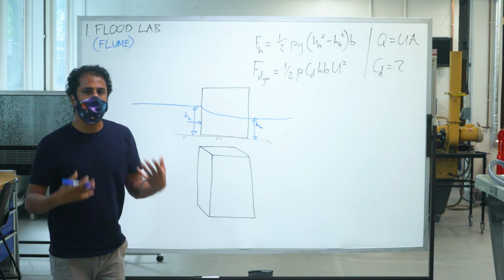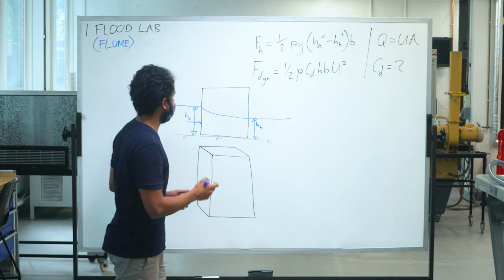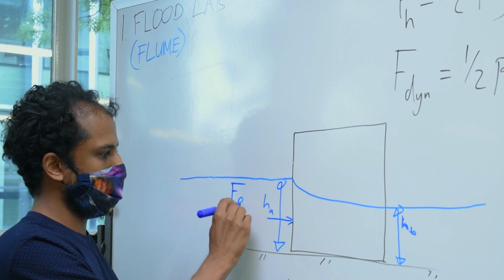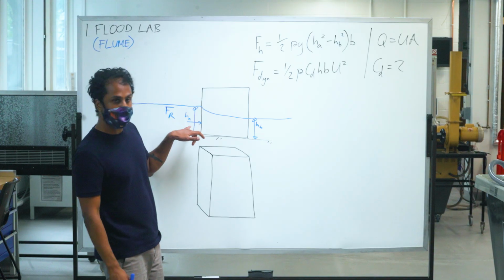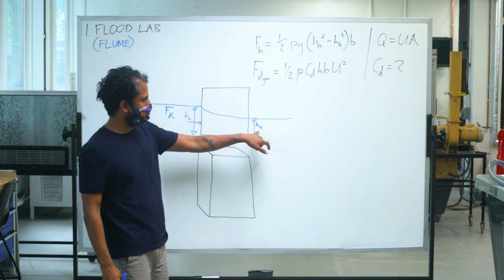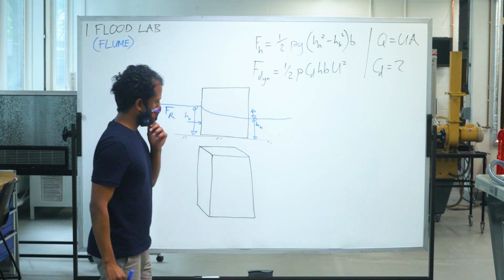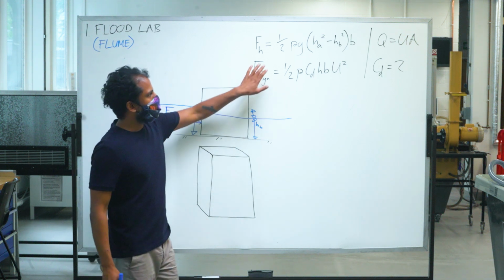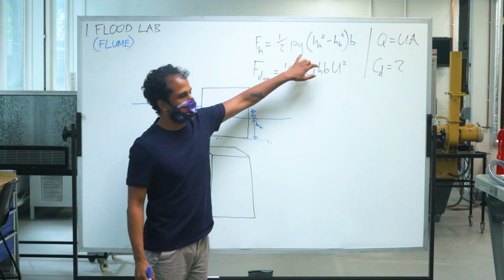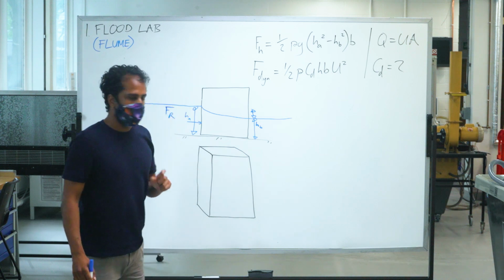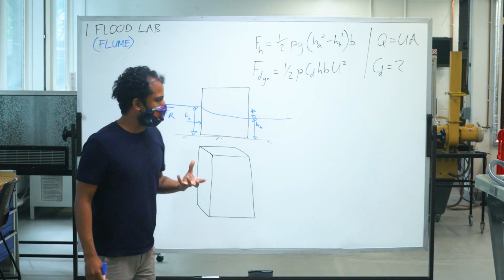So actually the resultant hydrostatic force FR is going to be the hydrostatic force from this side minus that side. So it's actually just this little bit here. And so that's why we form the equation like this. It's a shorthand version. You've got HA squared minus HB squared. That's the hydrostatic side of things.